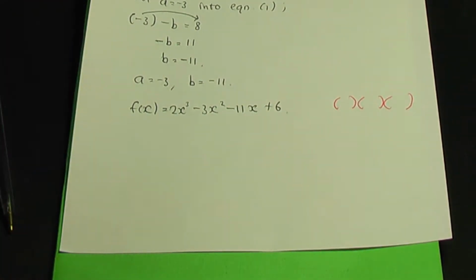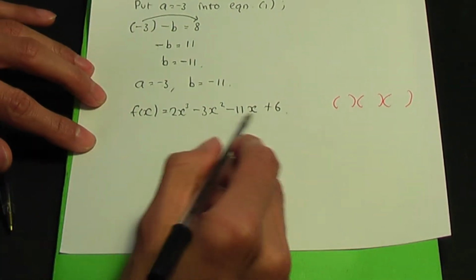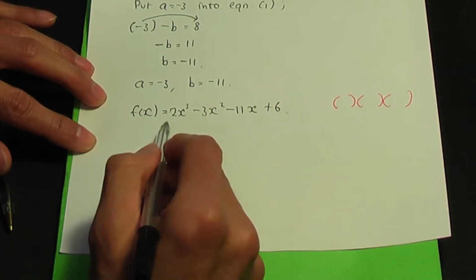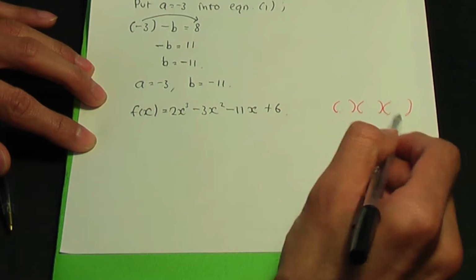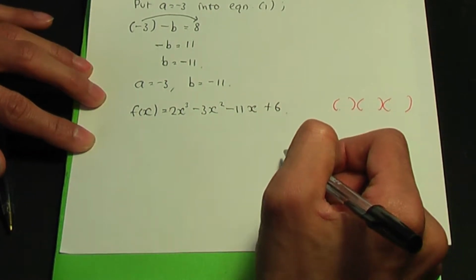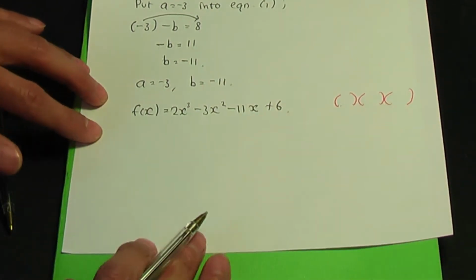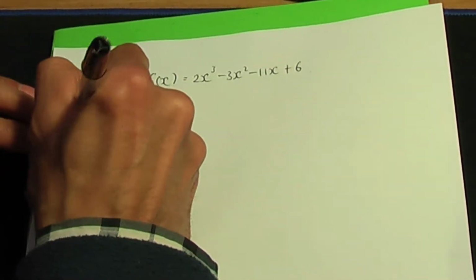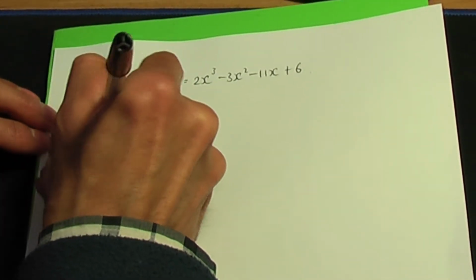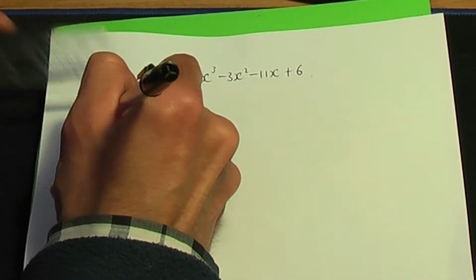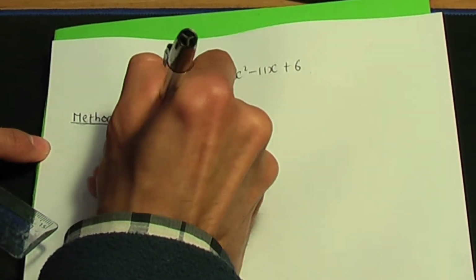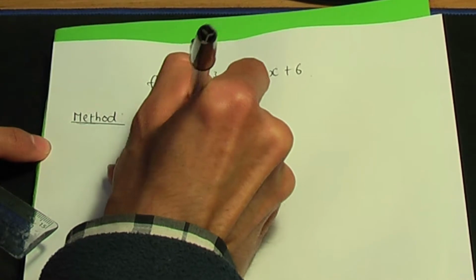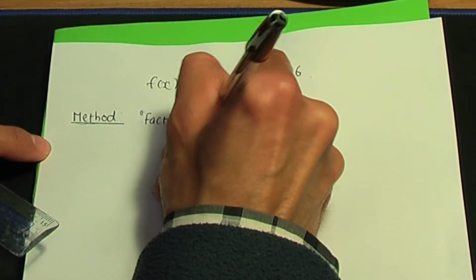In particular we're going to express this cubic polynomial in the form of a product of 3 linear factors. Let me show you the method to factorise the expression.